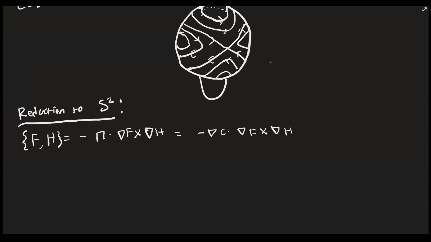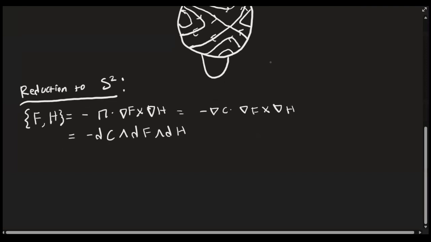Okay. Now, since we're talking about symplectic forms, we want to write this somehow as a form. And the way to do this is, you can just verify, sort of an exercise in determinants, that it works out to this here.